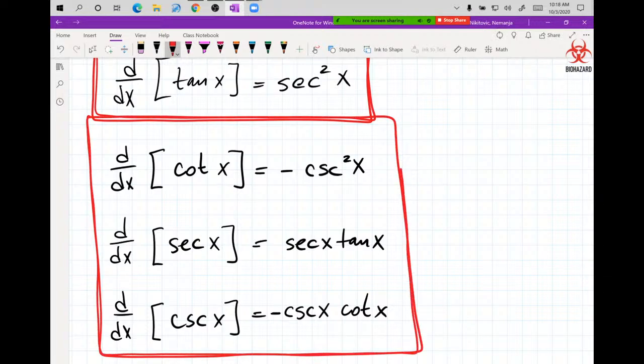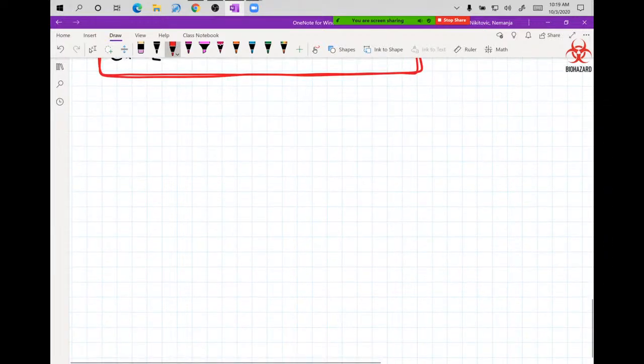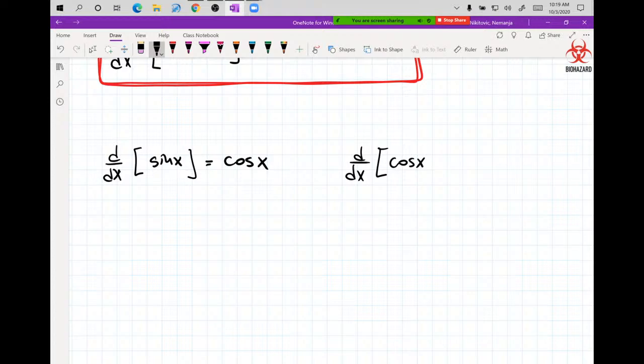Now, unfortunately, I have to write all of this again so that we can take a look at ways of how to memorize this and so on. So here we go. The derivative of sine x is cosine x, and the derivative of cosine x is negative sine x.